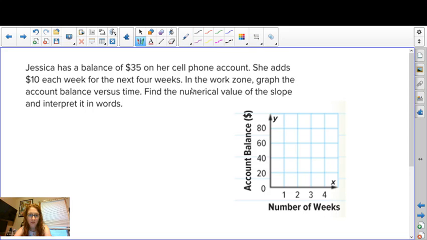Okay, we finally get to graph one. Okay, so she starts with $35, to be about there, and she adds $10. So 45, because there would be 50, so let's go like there. And then 55, and then 65, and then 75.